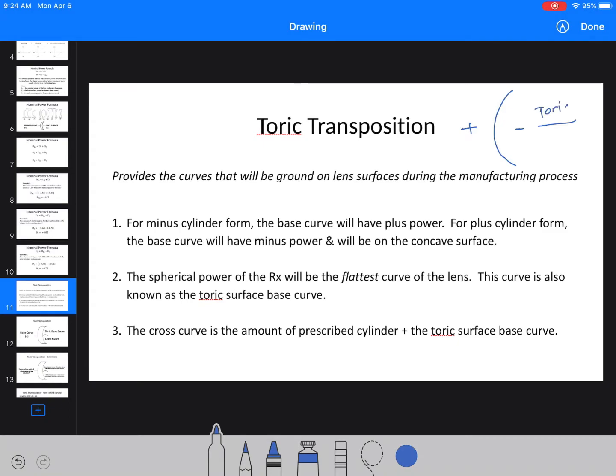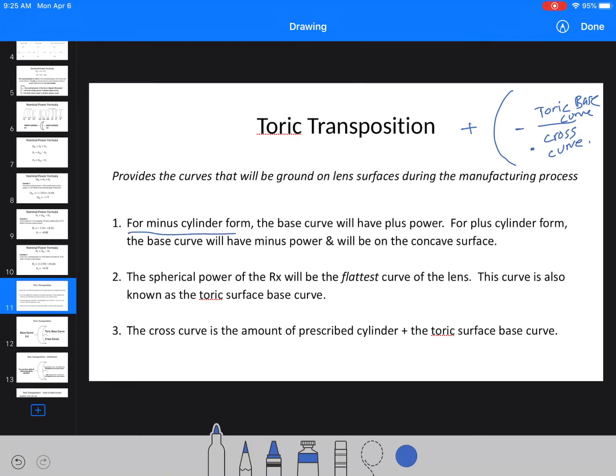So on the top, we're going to have the toric base curve. And on the bottom, we're going to have what's called the cross curve. And the cross curve is basically just the cylinder that's left over. It's the steepest curve on the backside of the lens.